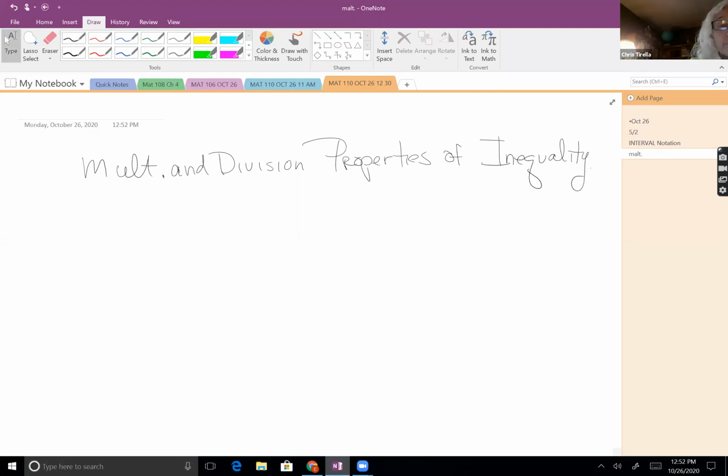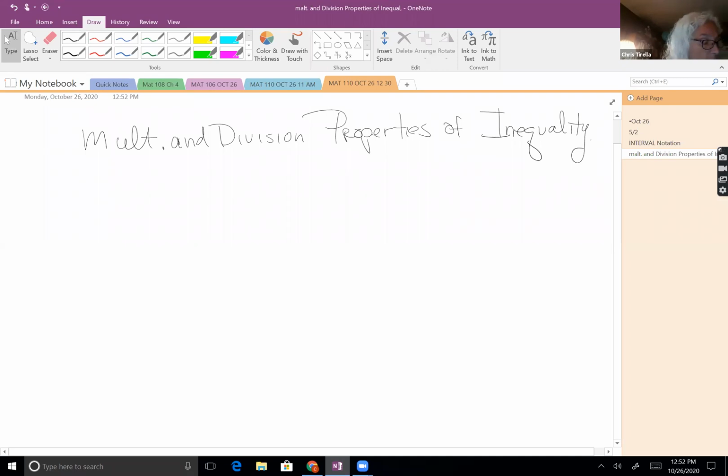Before we go through and write out what that property says, I'd like to look at some numeric examples. Are we all in agreement that, let's say, -2 is less than +2? Negatives are less than positives. So -2 is less than 2.